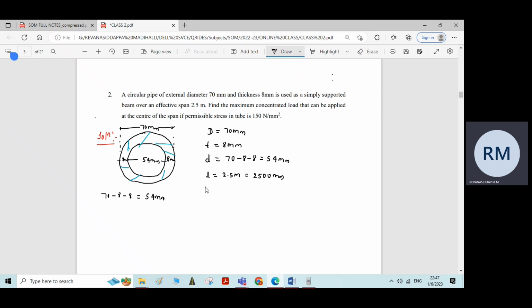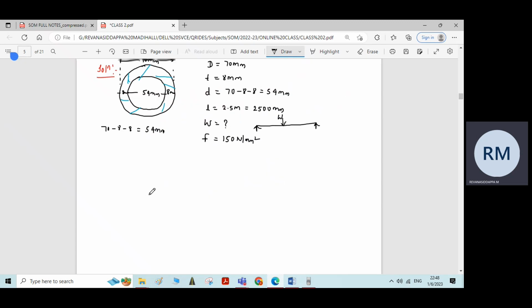We have to find W, if the permissible stress in the tube F is given as 150 Newton per mm square.